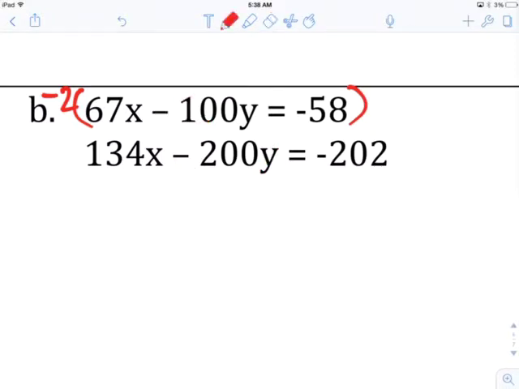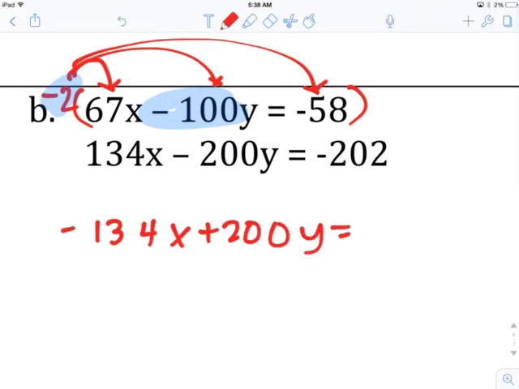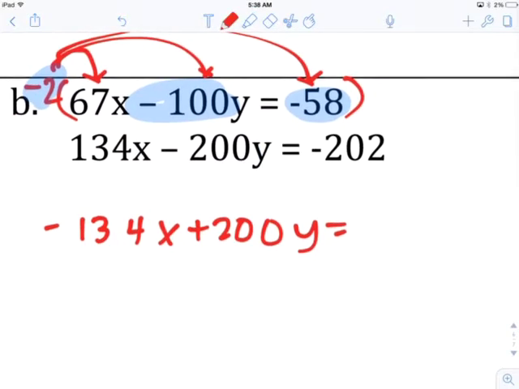So you distribute this -2 to all of them. You can't just do it to one. You have to do it to all. You get negative 134x, plus 200y, equals a positive 16.